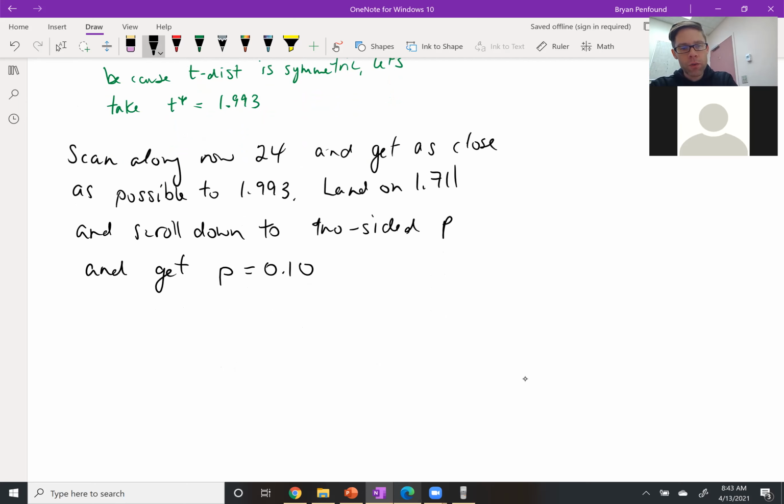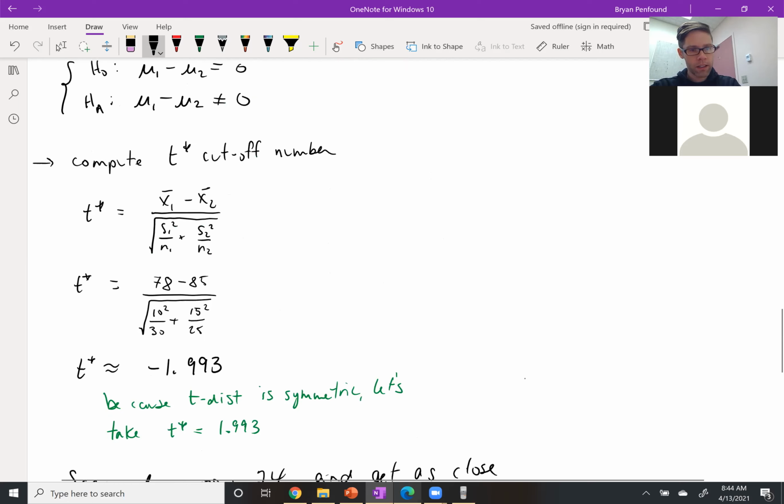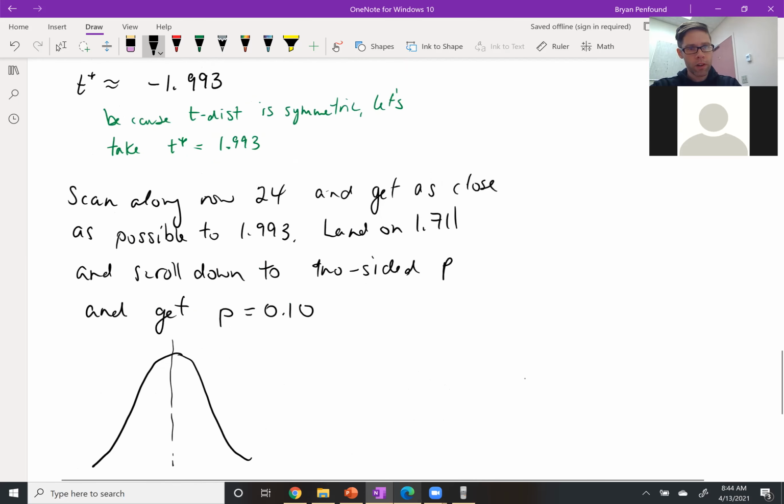If you want a picture to go along with this calculation, we have something that looks like this. Here in the middle, we have our mu1 minus mu2, which is 0. So this is our sampling distribution. We calculated a cutoff number, I apologize, a t-star of 1.993.